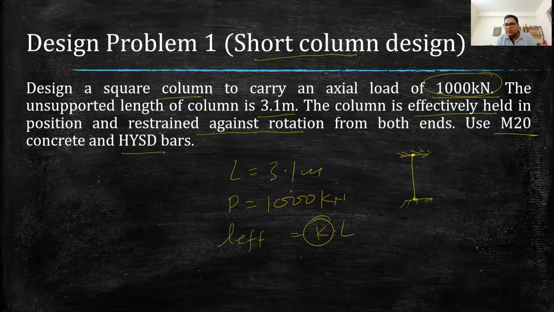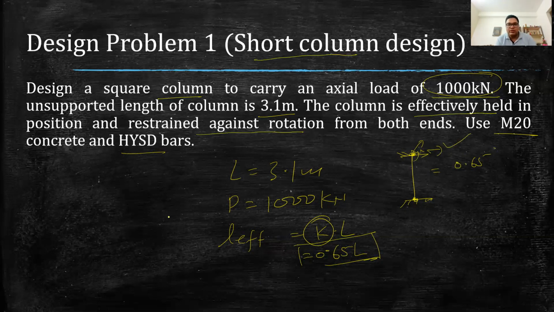The column will not translate along the x direction or the y direction, and also it will not be rotating. For fixed end the value of K is 0.65, so in this case L effective will be 0.65 times L. So this is how we can find out the effective length, because the end conditions is given.